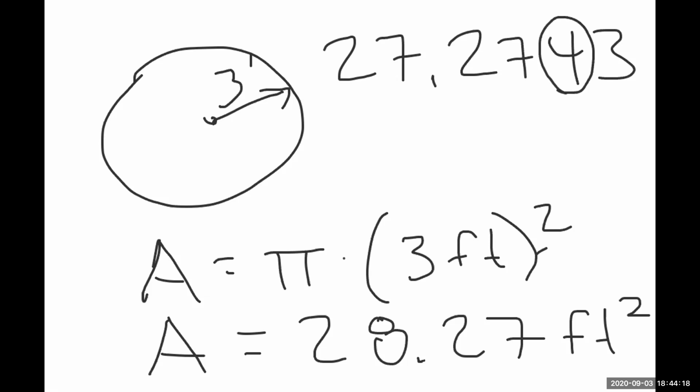This number is 4 or below, so we ignore it and we leave it as 27. If 4 was a 5, I would round up to 28. But because we have a 4 there, we round down, and it's left at 27. I'm sorry, this is 28. 28, 27. Okay.